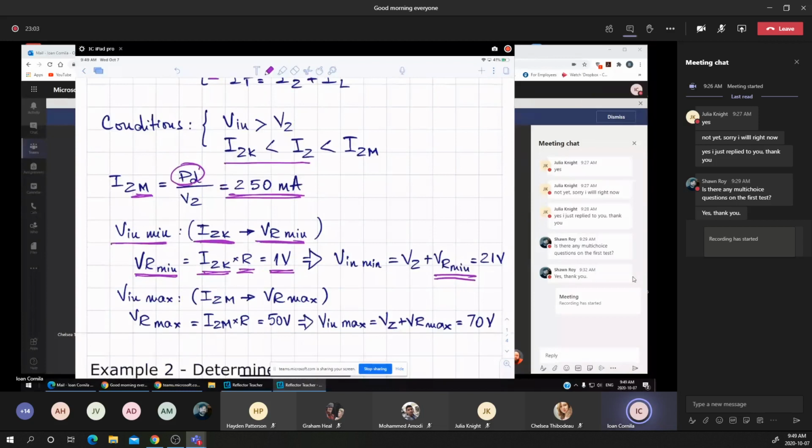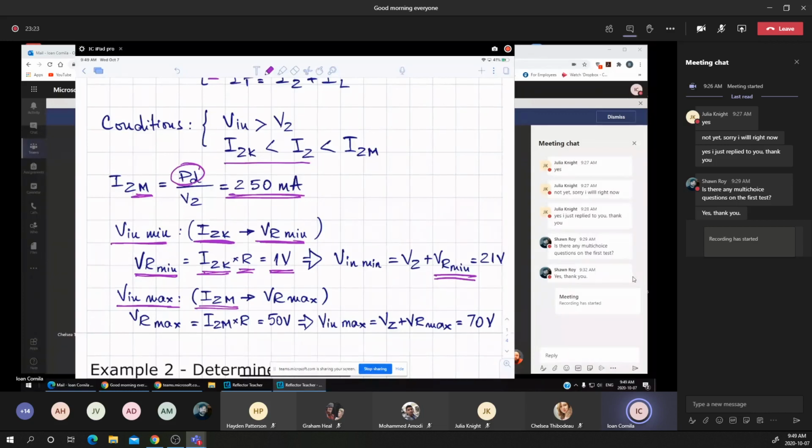I solve the same equations, except that in order to determine the maximum input voltage, I take into account the maximum current. We just determined that the maximum current is 250 milliamps.